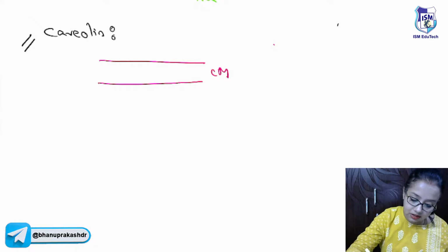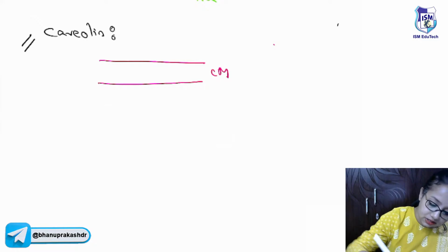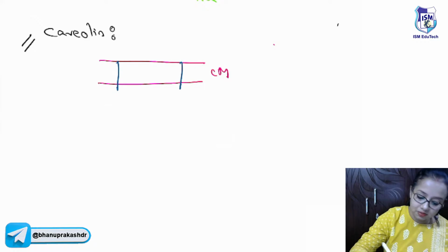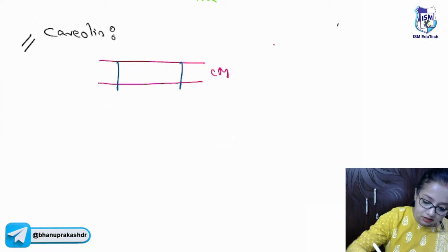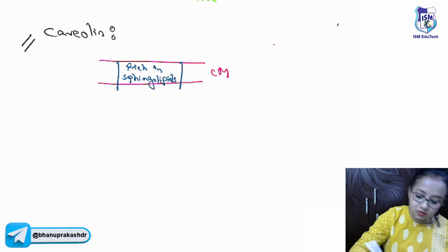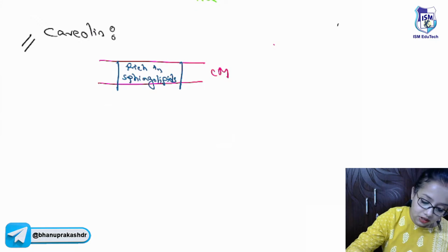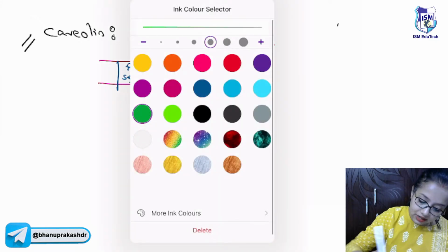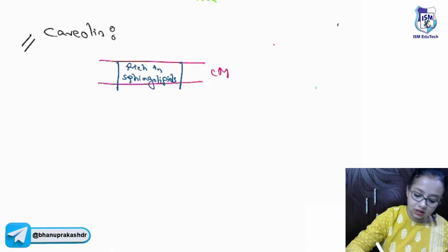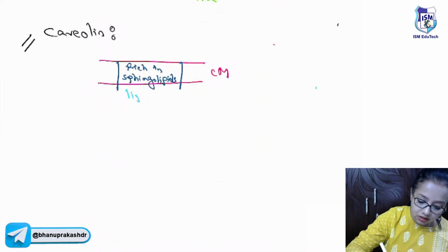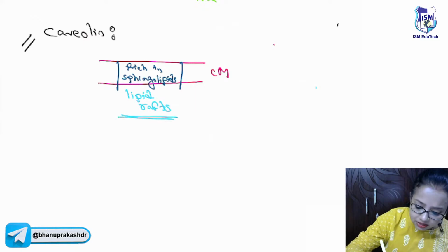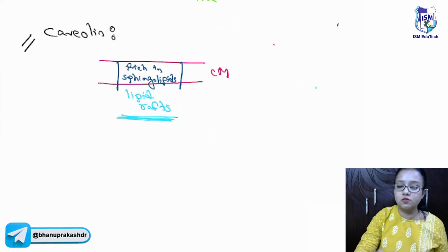Now, in the cell membrane there are some areas which are rich in sphingolipids. Such areas, such portions, are called lipid rafts, which have lipids and sphingolipids.